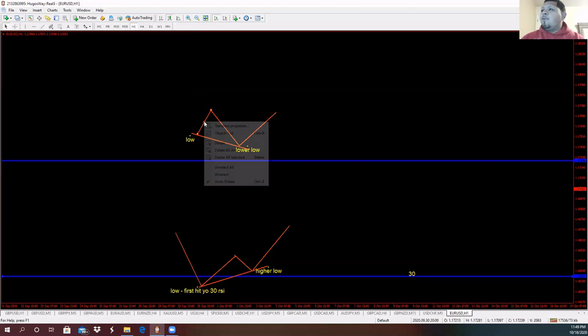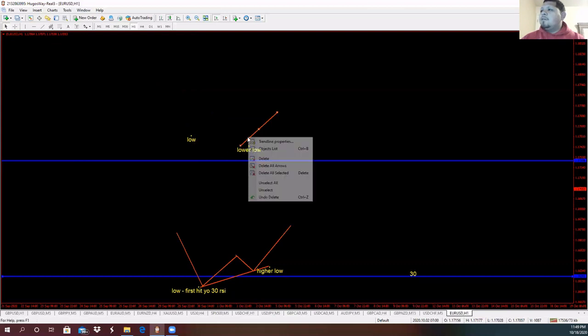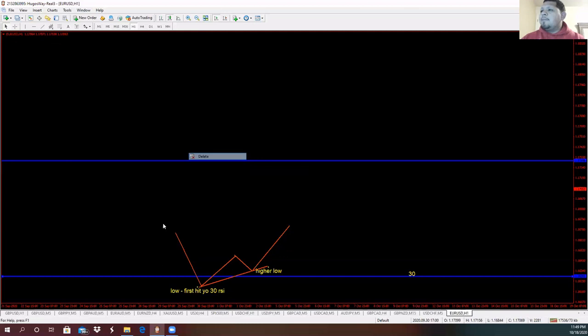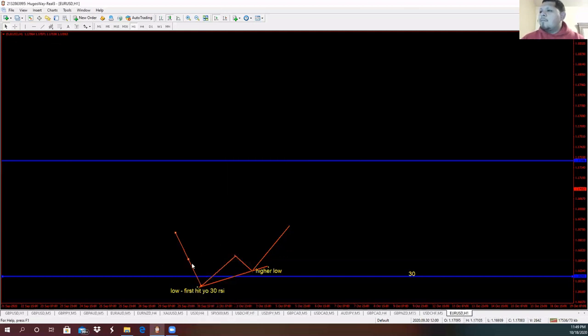Now let's look for a bearish divergence, a bearish Nelly Mac divergence setup.